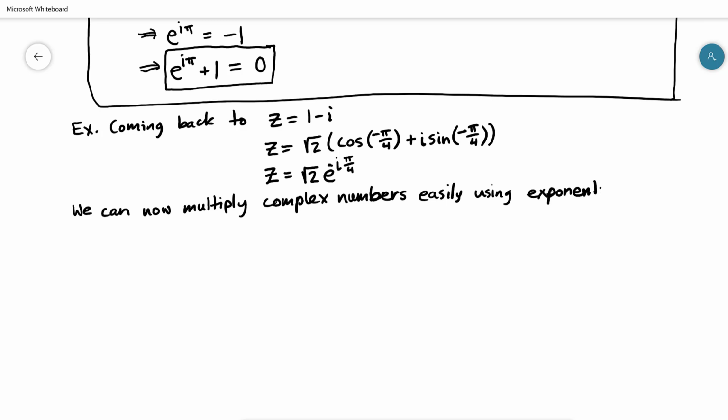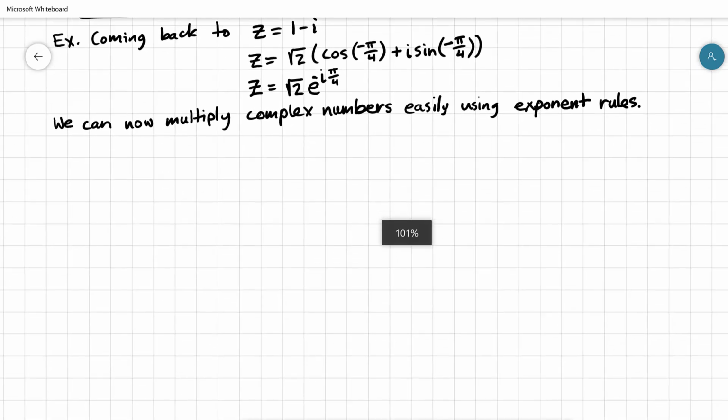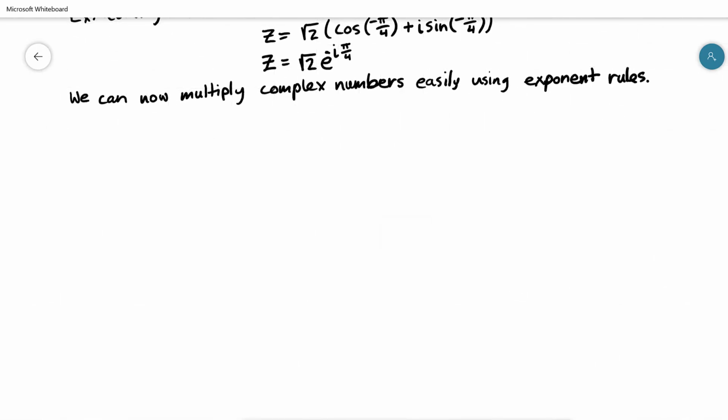We can multiply complex numbers in their non-polar form, the a plus bi form, and you just have to FOIL everything out. But now we don't have to FOIL stuff out. If we've written them this way, it's just exponent rules.